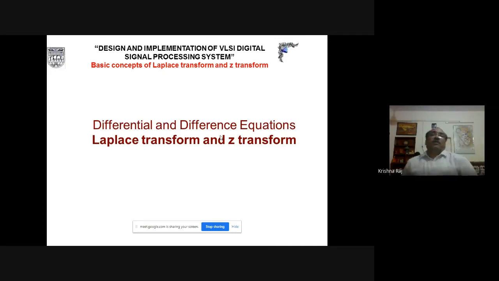The objective is to analyze the system in the time domain as well as the frequency domain. When we develop the mathematical model of a real life system, it becomes very complex in the time domain, and when we apply the transformation, it becomes very simple for the purpose of analysis.